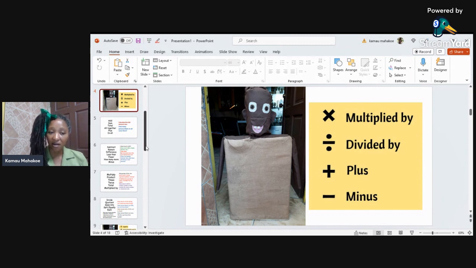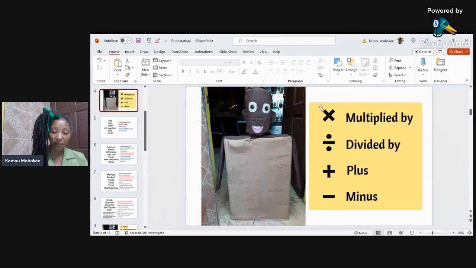Here on the screen we have the 4 basic symbols of arithmetic. Arithmetic has to do with computation, calculating, and the 4 basic symbols of arithmetic are multiplication, division, addition, and subtraction.